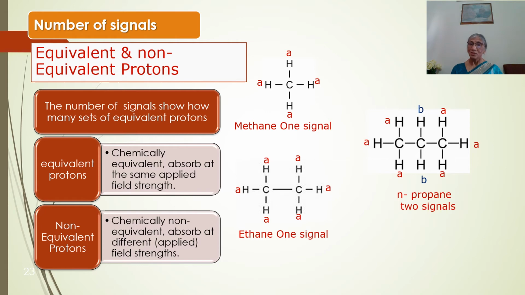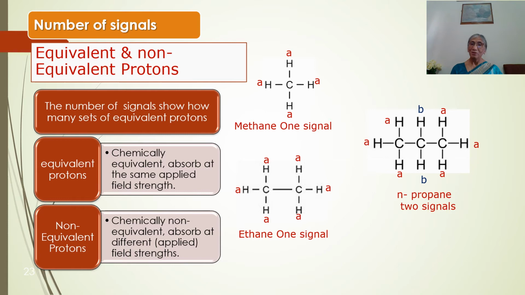So the 6 protons in propane are equivalent, and the 2 protons are equivalent, but protons A and B are non-equivalent because they show the absorption at different applied fields. So the number of signals shows how many types of equivalent protons are present in the molecule.